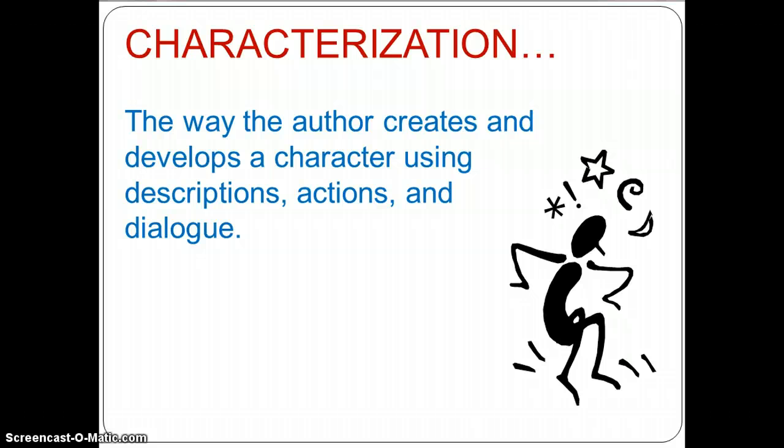By doing so, the author gives the reader a vivid mental image of that character, and the reader really gets to know all about that character from reading about him in the story. So this is an excellent way of drawing your readers in when you're writing a story.